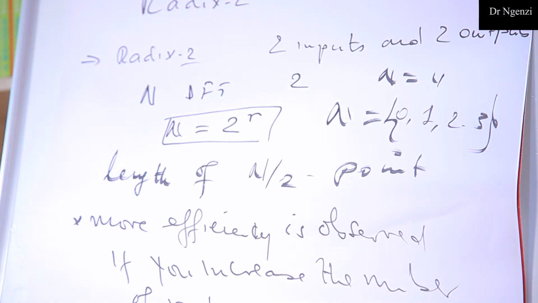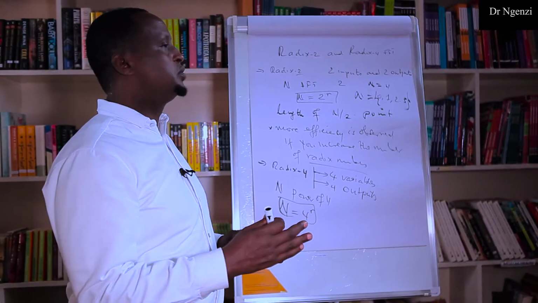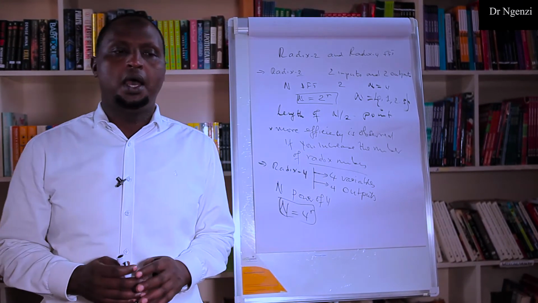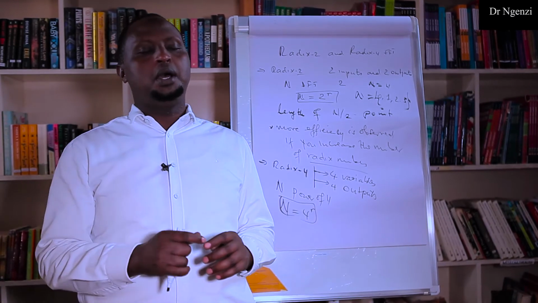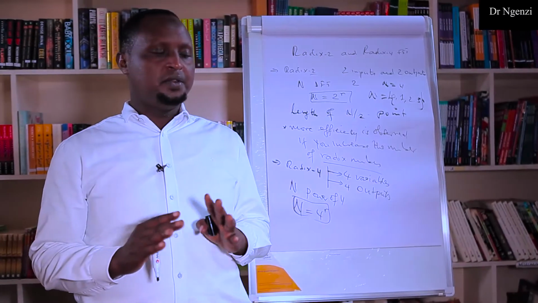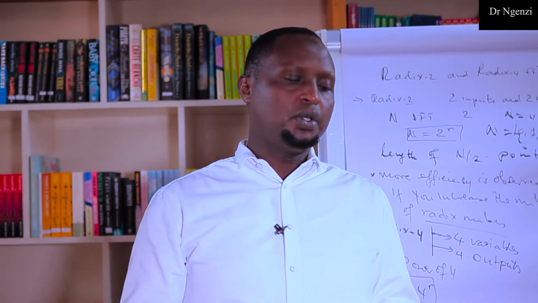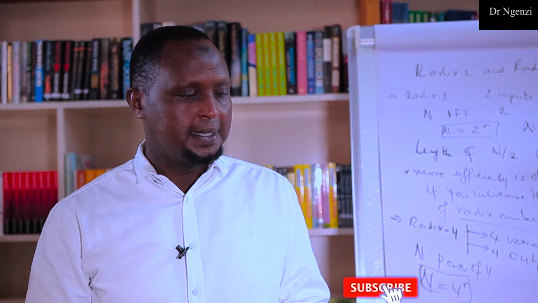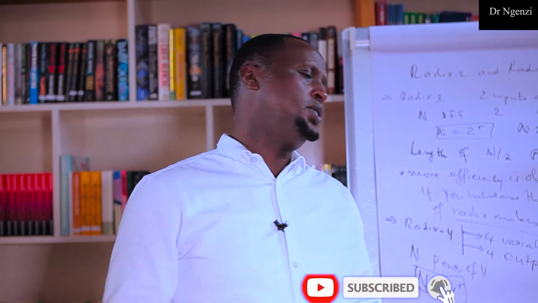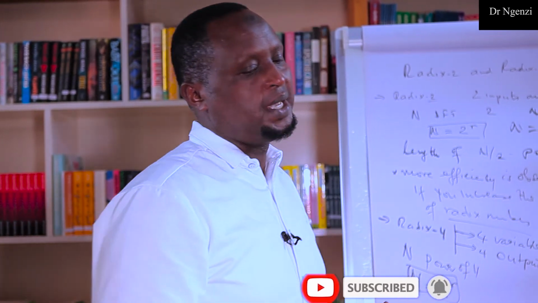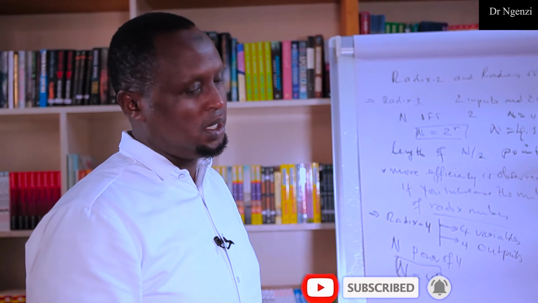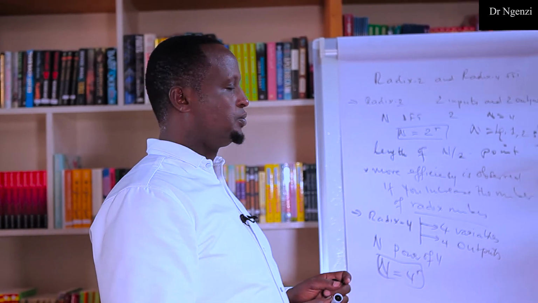So let us go in depth and see how, for example, we bring the odd and the even values. Remember, whatever you do for the even values is going to be a multiple of 2, and for the odd it is going to be plus 1 from the original values.